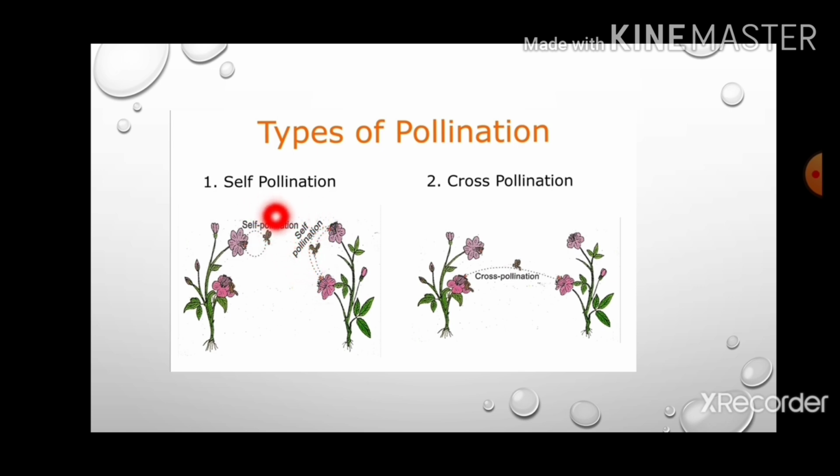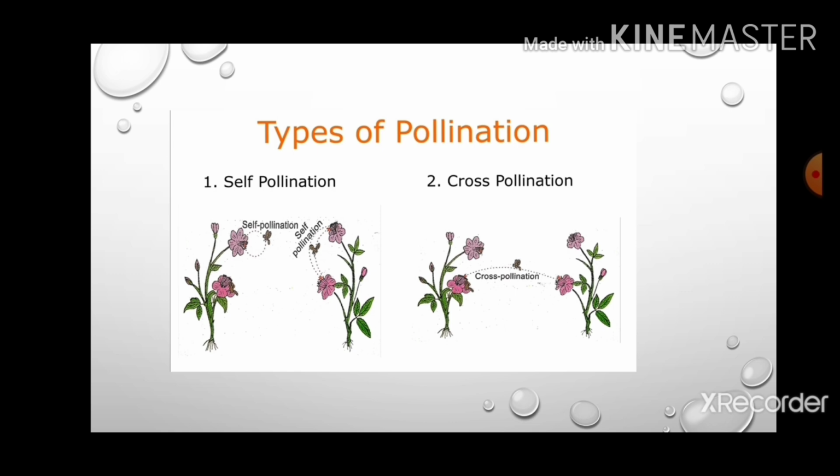Self-pollination means the pollen grains transfer from the male part to the female part of the same flower or another flower on the same plant. This type of process takes place in peanuts, orchid and peas.